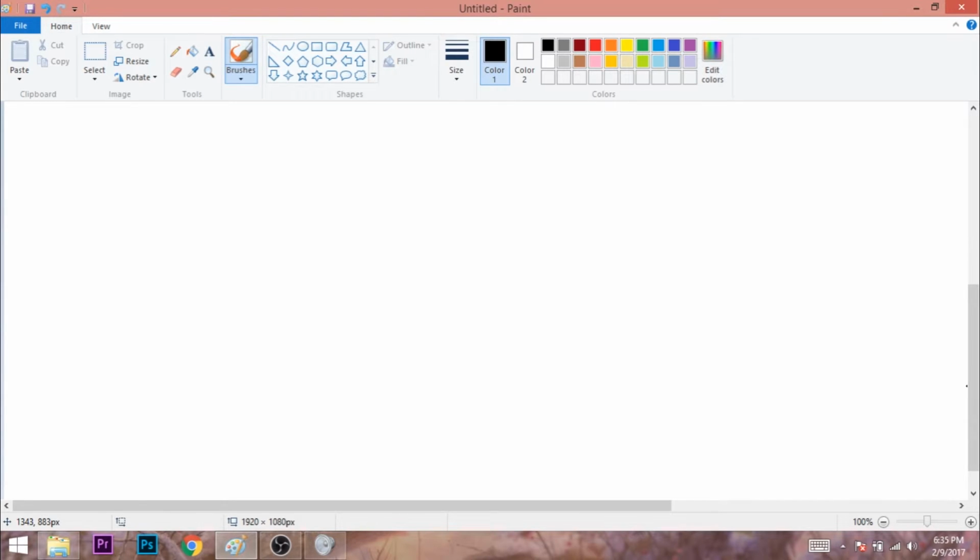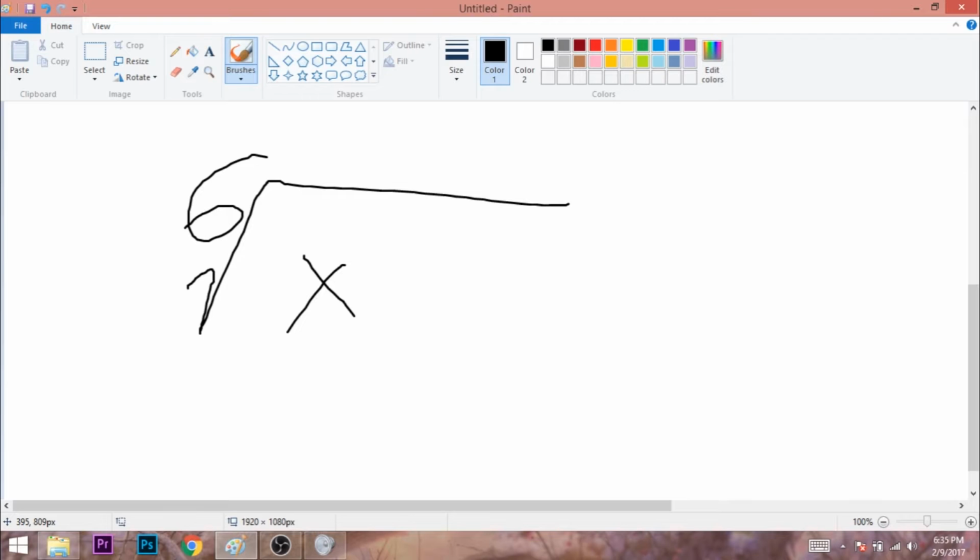Now, what does this mean in actuality? Let's take an equation, for example. I'm going to use the 6th root of, let's say, x to the 3rd power, right?